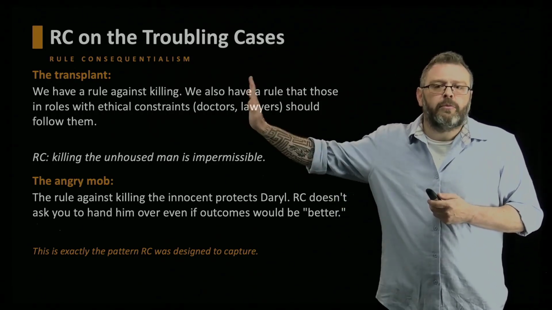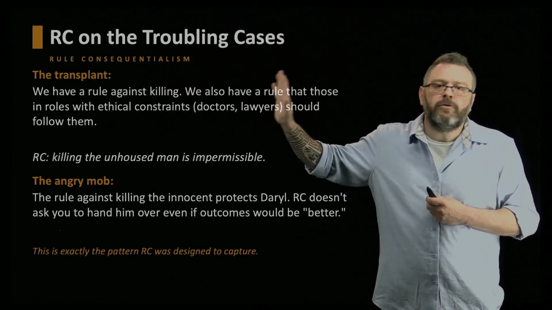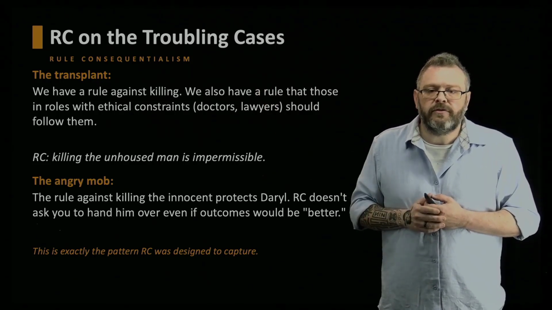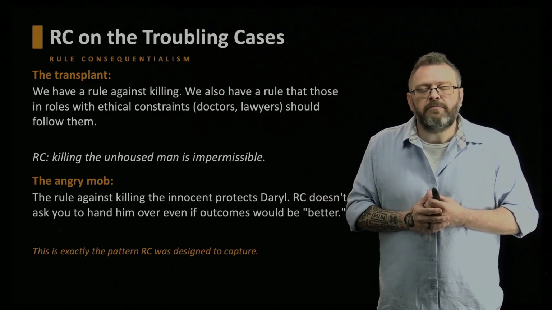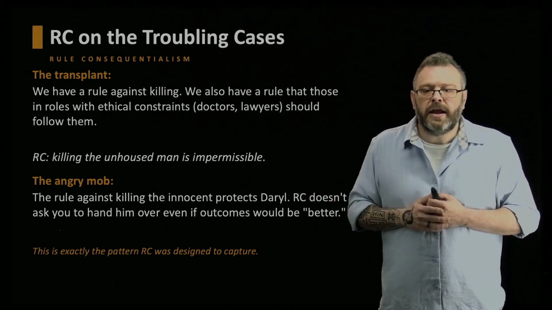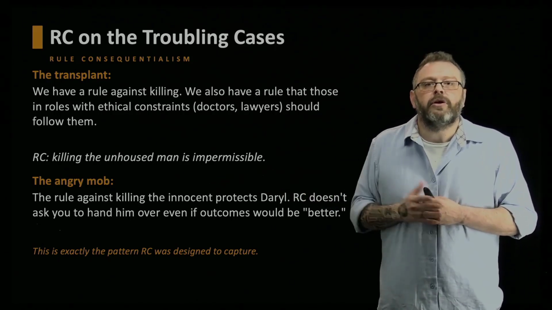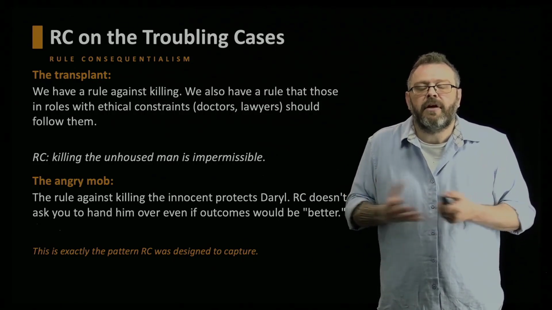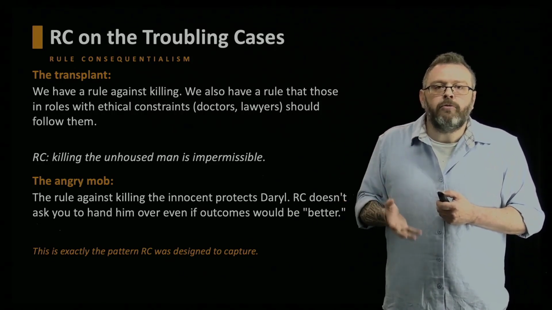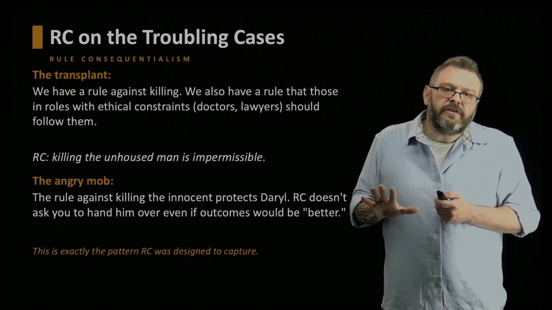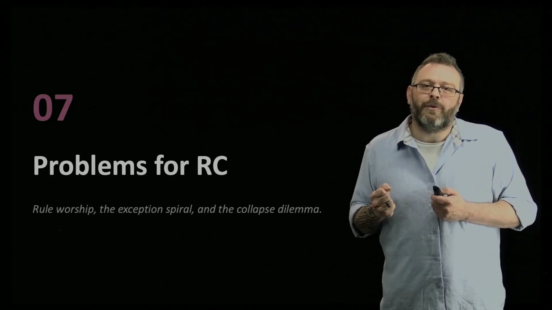So almost certainly we would have a rule against killing. And so we are not going to kill the patient and harvest his organs in the transplant case. Similarly, we are not going to allow innocent people to get strung up by an angry mob. This is just going to be a violation of a rule, something like protect innocent life. And so it's going to be able to handle these cases quite cleanly. It won't be so demanding, but it does have a pretty serious problem going for it.